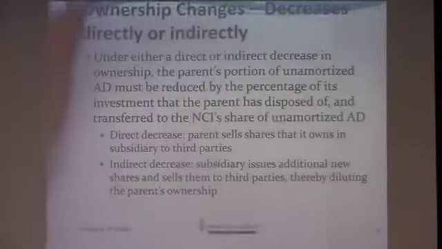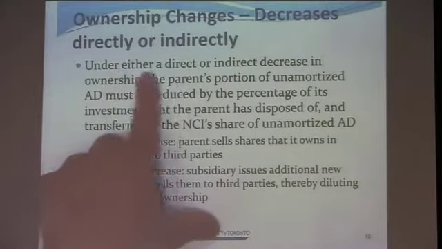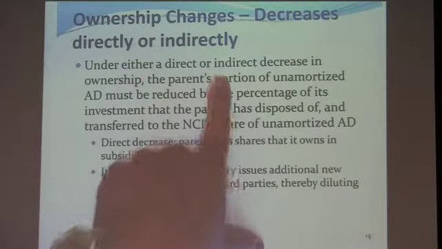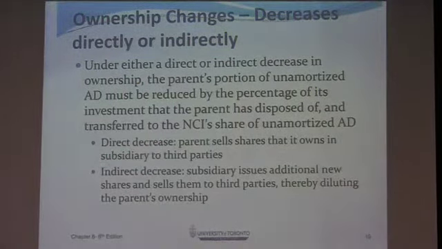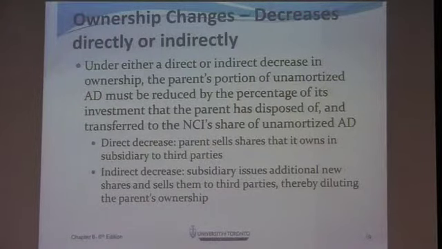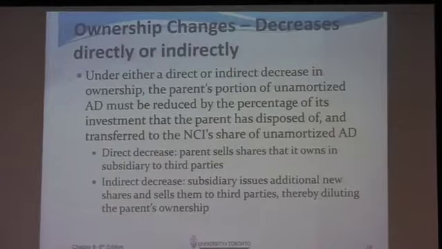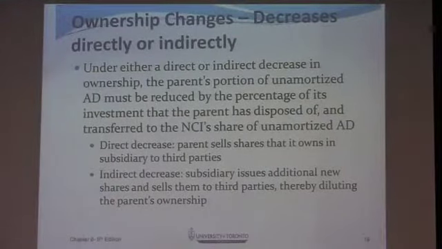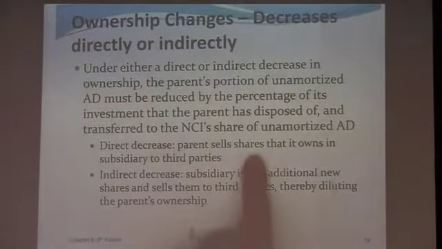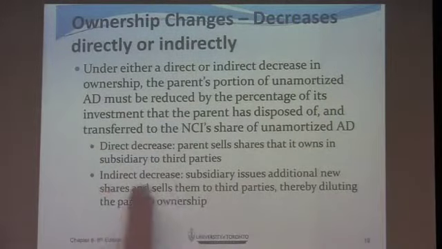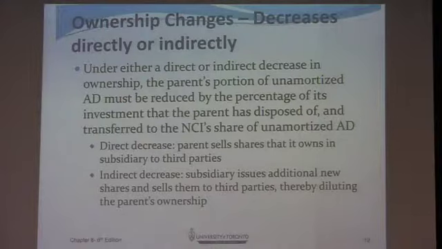Now, under either a direct or indirect decrease in ownership, the parent's portion of the unamortized AD must be reduced by the percentage of its investment that the parent has disposed of, and transferred to the NCI share of unamortized AD. Direct decrease: the parent sells shares on its own. Indirect decrease: the subsidiary issues additional new shares and sells them to a third party, thereby diluting the parent's ownership.